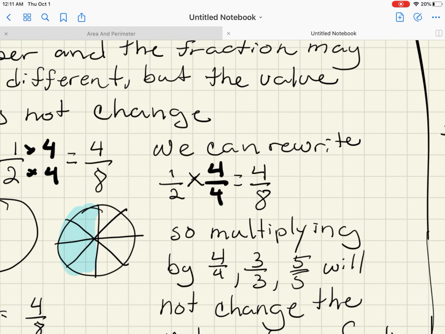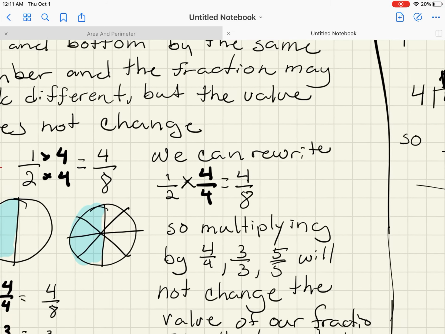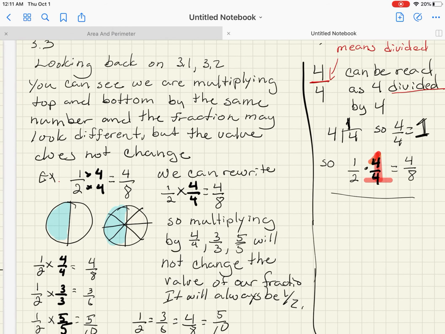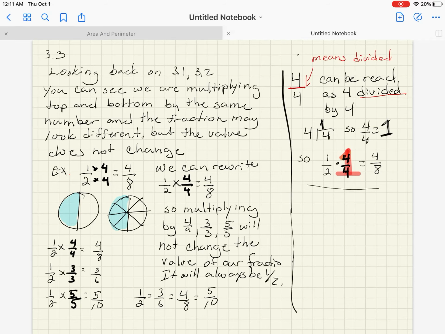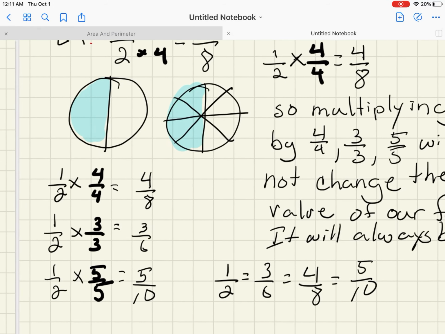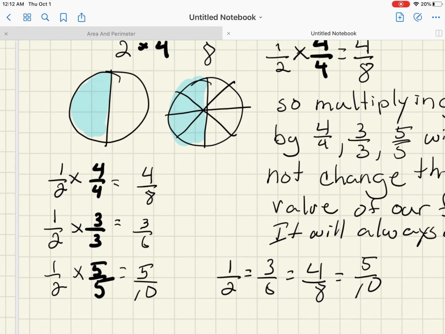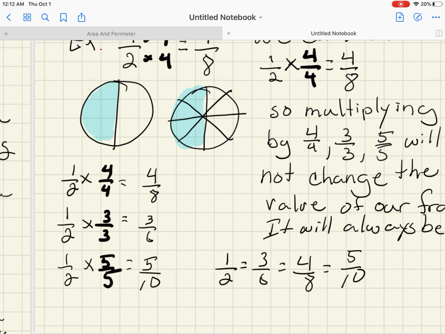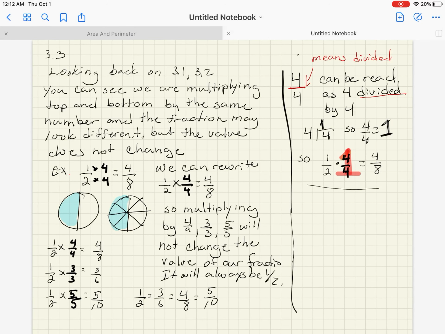So rather than multiplying top and bottom by 4, I'm now multiplying by 4/4. And it gives me an equivalent fraction. But then I could choose to multiply by 3/3, and I could get another equivalent fraction. So I could get 4/8 or 3/6 or 5/10. So I can make all sorts of equivalent fractions with that concept.